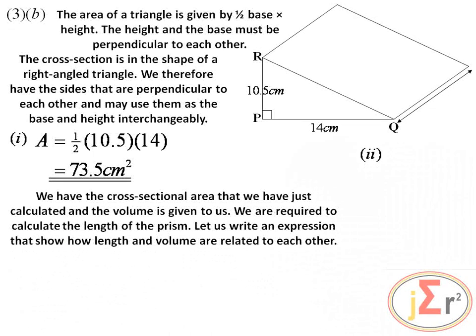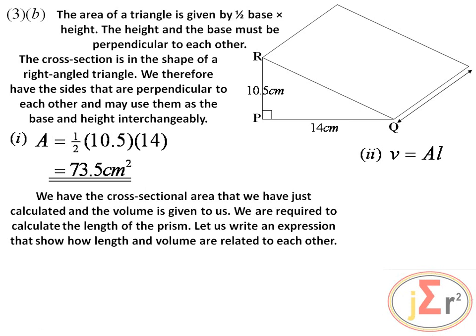We have the cross-sectional area that we have just calculated, and the volume is given to us. We are required to calculate the length of the prism that we have right here. Let us write an expression that shows how length and volume are related to each other.